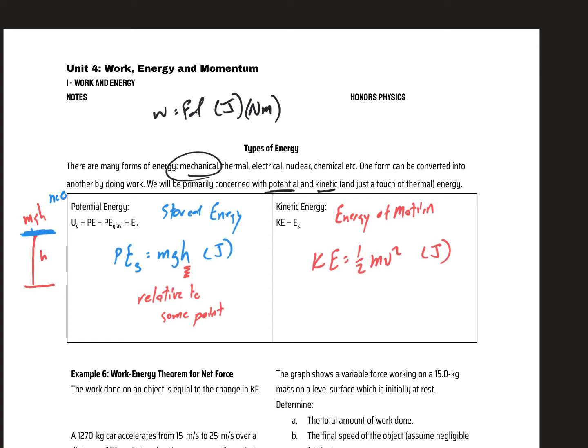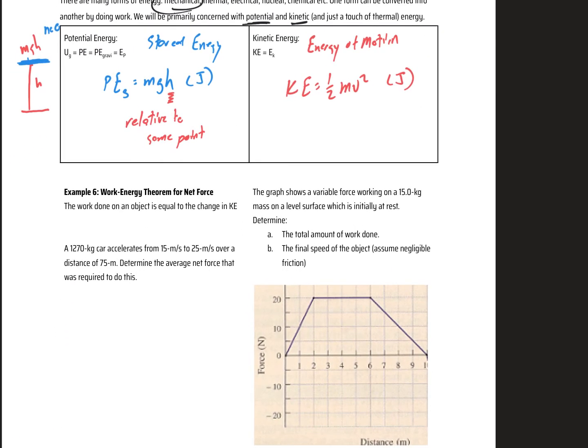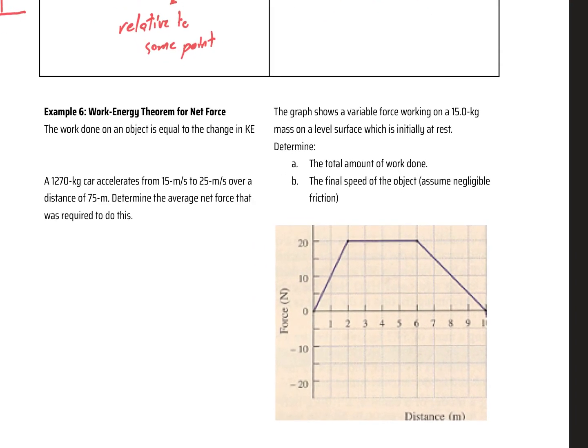So we have a couple of different ways we can describe this. First thing we'll do, we'll have example 6 here, the work energy theorem for net force. And what we have here is work is equal to the force times the distance of the object. Well, work is equal to the change in kinetic energy of the object.